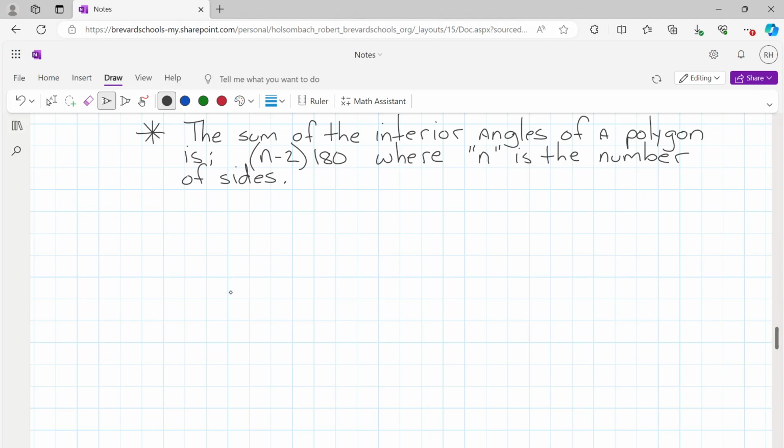And a very simple example, the sum of the interior angles of a polygon is n minus 2 times 180, where n is the number of sides.